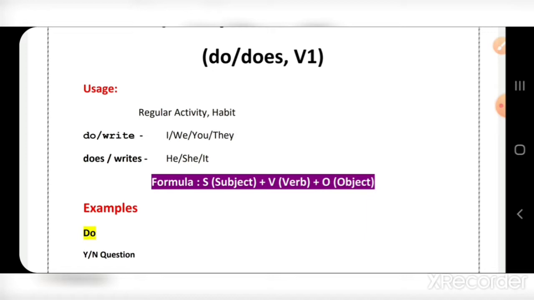That means we make a sentence using the formula of simple present tense. Okay, whenever we want to talk about our daily activities, like preparing food, going to office, working in the office, and so on. Okay, so now let's learn how to make sentences.